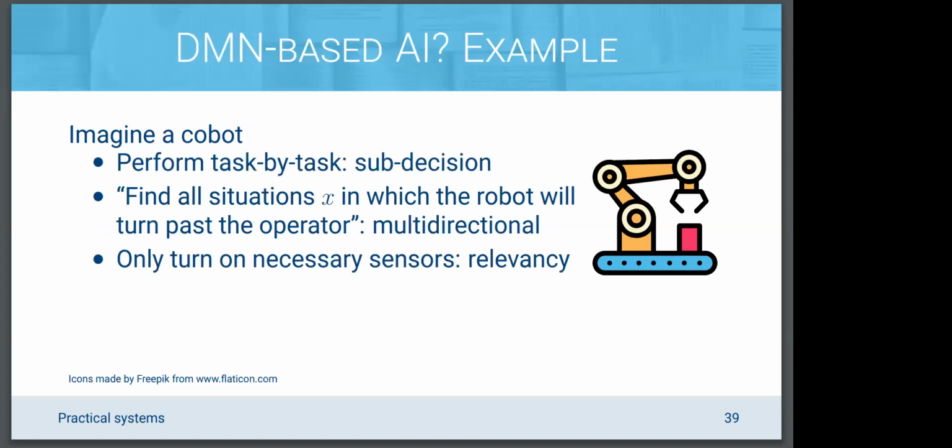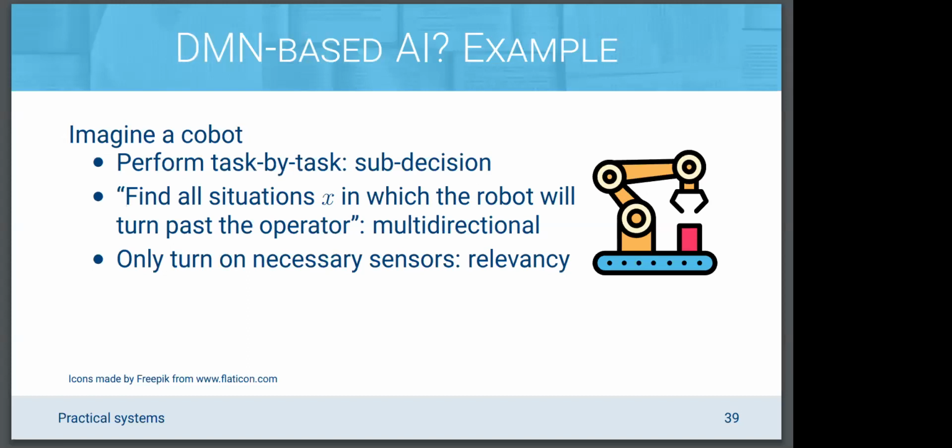This is why we created the API, for instance, because if we want to perform task by task, we would have to reason on sub-decisions, right? A robot might have an input variable that is not known at the very start, and it might be interesting to work our way towards it and find out whether we need it or not. Or we can do other things like find all situations X in which the robot will turn past the operator, so that we can tell the operator to duck if necessary. This is a form of multi-directional reasoning.